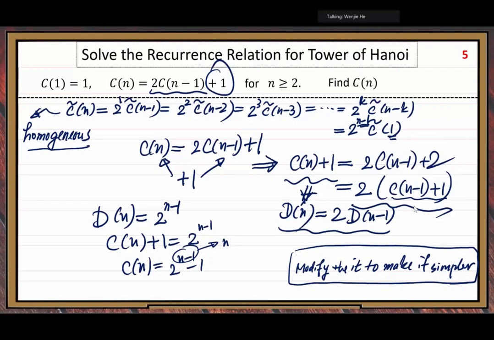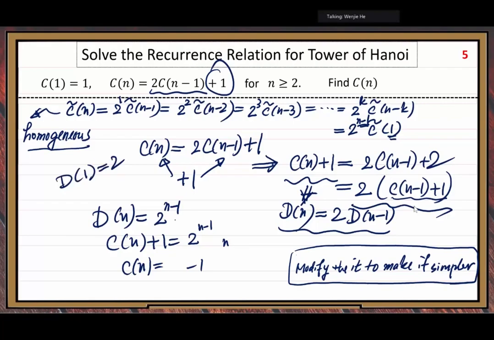Actually, this D, one more quick step. It's actually the n, right? Because D of 1 is 2.